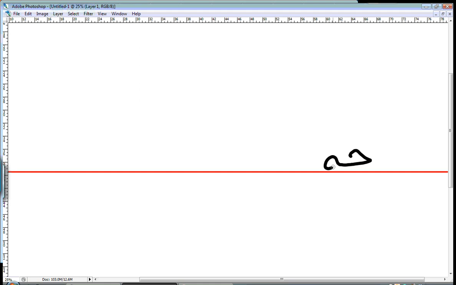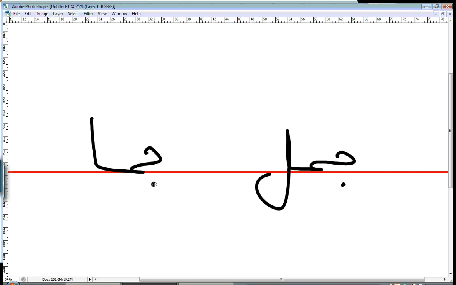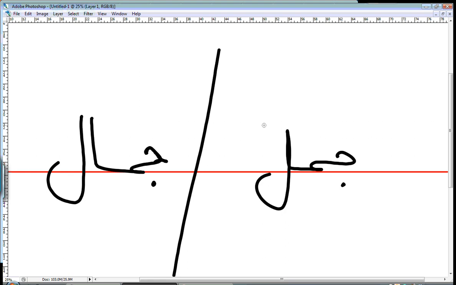I'll give you an example. Sorry about my handwriting, it's not the best, but I hope it's clear.